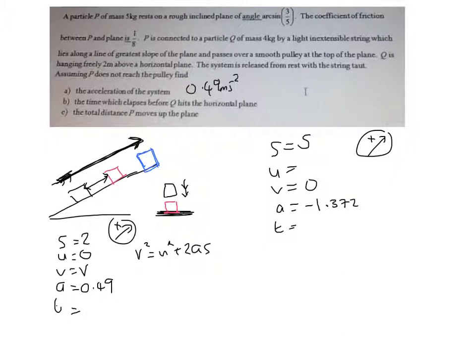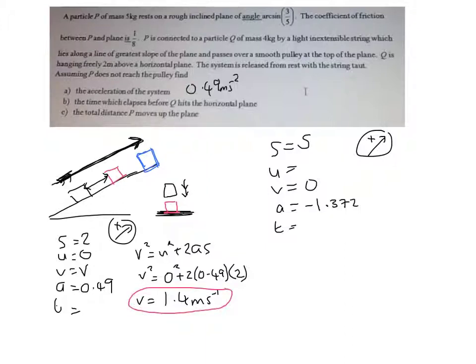And then solving that, we get v squared equals 0 squared plus 2 times 0.49 times 2, which gives us v is 1.4 meters per second. So the 1.4 meters per second is the final velocity of this bit of movement, which is the initial velocity of this bit of movement, and then that feeds in here.